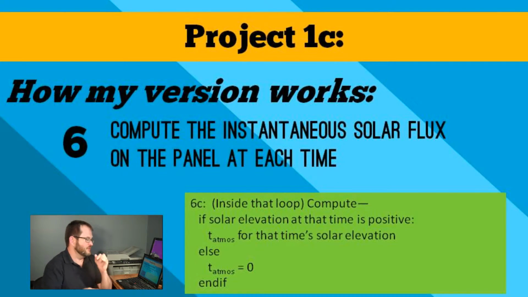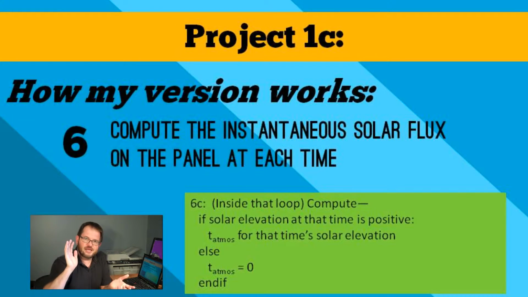Then inside that loop, first, if the solar elevation is positive, compute the transmissivity of the atmosphere, T atmos. I didn't notice a problem with this until I wrote my version of the program: T atmos blows up, becoming an infinitely large number, if the sun angle is below the horizon or right at the horizon. It just makes a very, very large number.